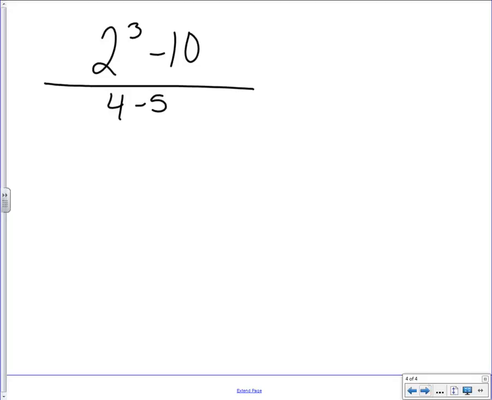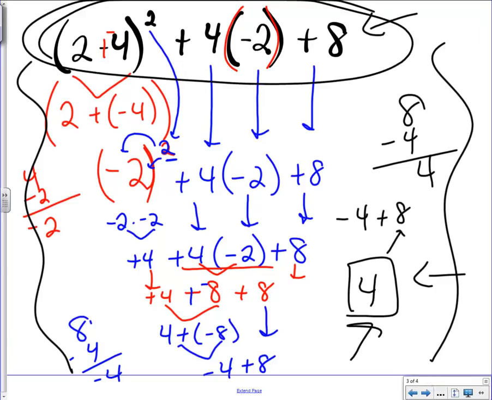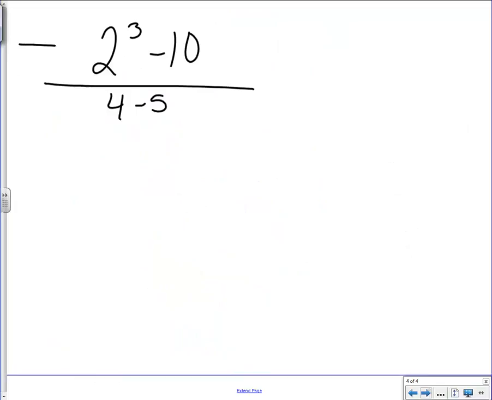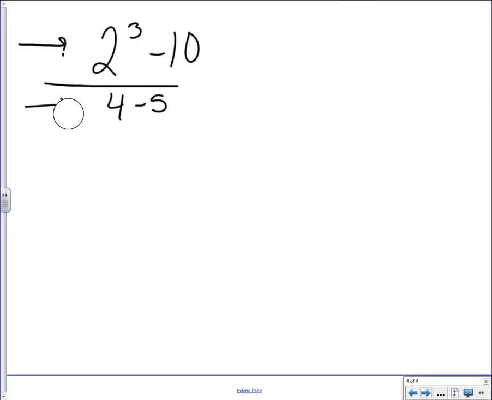Instead of one long equation like this, you now have two, one in the numerator and one in the denominator, where when you get your final answer, it's telling you to divide, because that's a division problem. You cannot divide until the very end. You've got to have one number answer on top, one number answer on the bottom, and then you divide the top number by the bottom number, okay? So we're going to have to work through this step by step to make this happen.